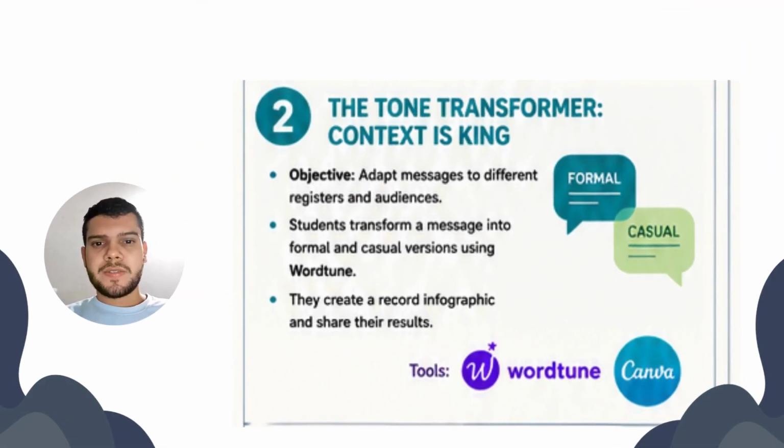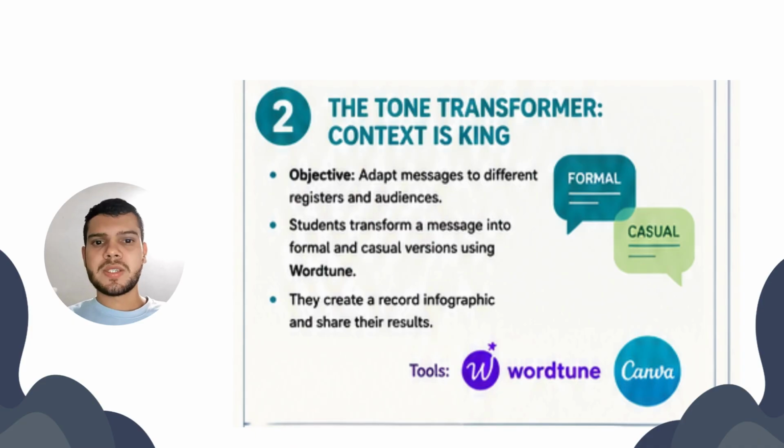The second activity, called the Tone Transformer, Context is Key, consists of developing pragmatic awareness and writing flexibility by adapting messages for different audiences and communicative situations. This activity aims to help students identify and use different language registers according to the context.